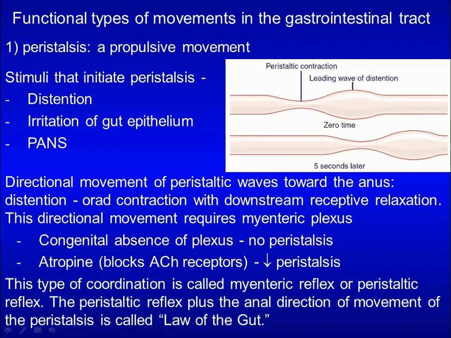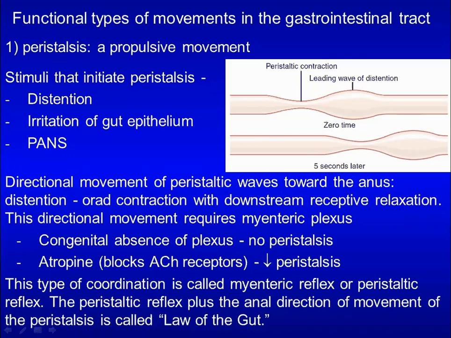Stimuli that initiate peristalsis include distension of the gut, irritation of the gut epithelia, and parasympathetic nervous signals. One key feature of peristalsis in the gut is directional movement of peristaltic waves towards the anus.